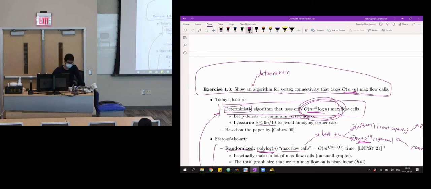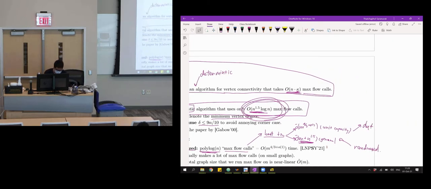Yeah, that's right. Let me just repeat. Suppose that kappa is the size of the vertex min cut. Let's write this. This is S star, just some min cut. And let's say kappa is 2, so there are just 2 vertices here.